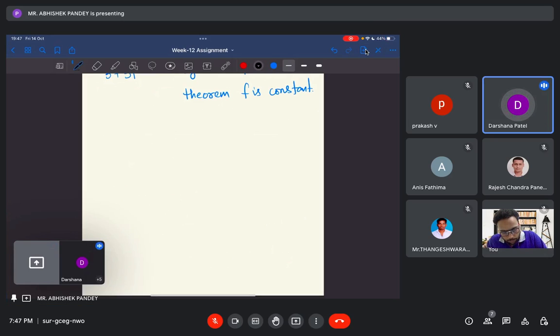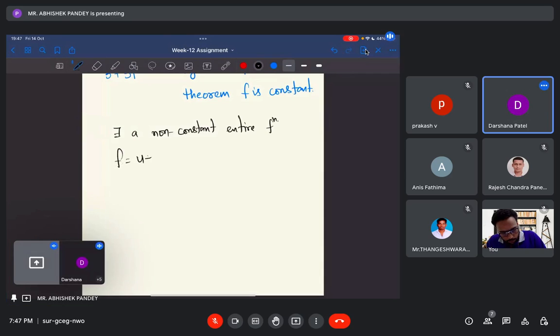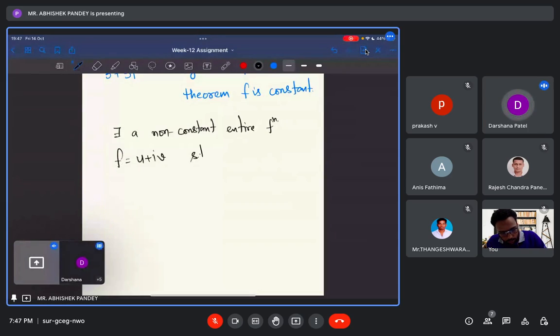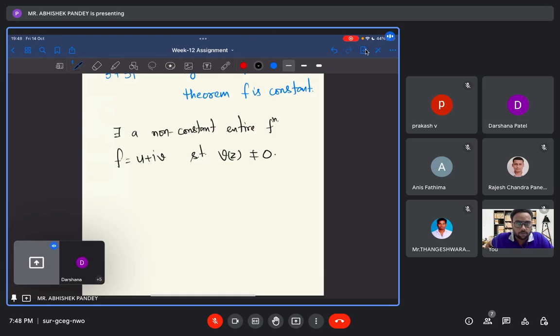There exists a non-constant entire function f equal to u plus iv such that v(z) is not equal to 0. So v(z) is never 0. Okay, this question is from the current assignment.